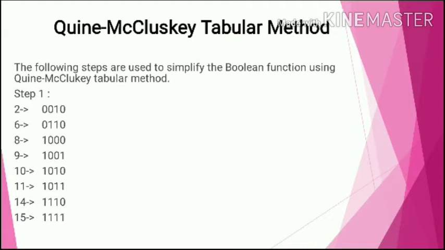The binary value of 2 is 0010, 6 is 0110, 8 is 1000, 9 is 1001, 10 is 1010, 11 is 1011, 14 is 1110, and the binary value of 15 is 1111.